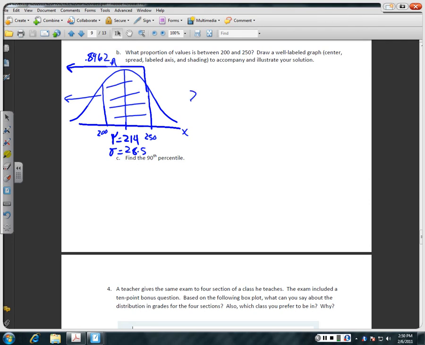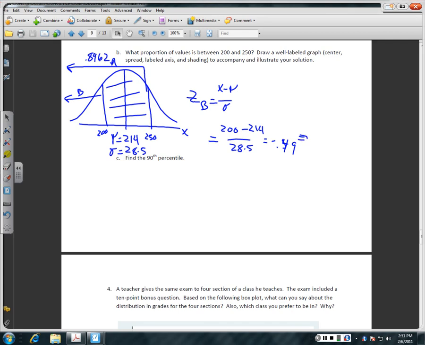So for, I'm going to call this B, we're going to have x minus mu over sigma, which is 200 minus 214 over 28.5. I calculate that to be minus 0.49. And it's got to be minus because we're below the mean.